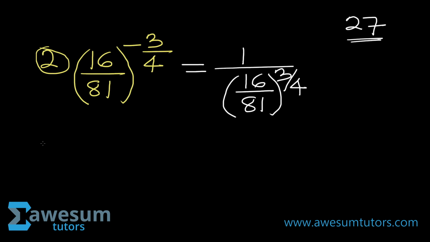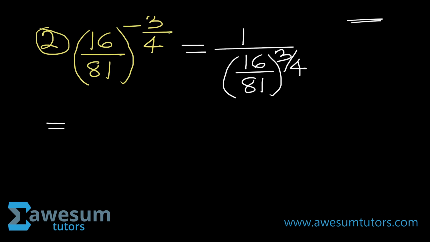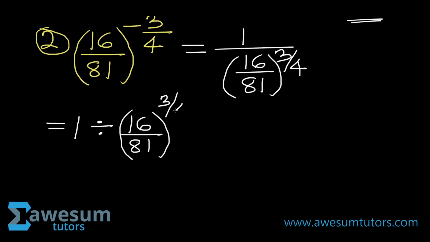Very good, guys. Now, for me to make this easier for myself and for you, this is what I'm going to do. The 1 over that we did right here is the same thing as 1, the numerator, divided by 16 over 81 raised to the power of 3 over 4.